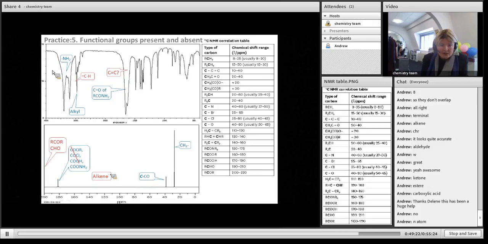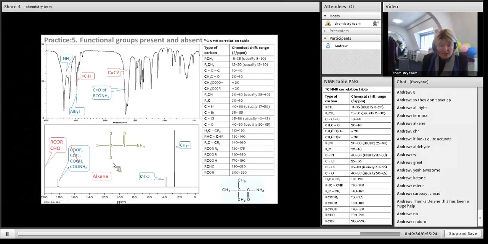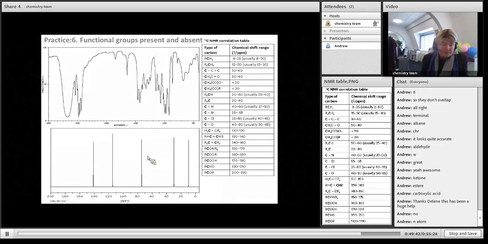It can't be an acyl chloride because it's not high enough. And it's not a carboxylic acid because we don't have that triangle. And there we have it. It's an amide. And although it's got 5 carbons in it, it's only got 3 peaks because these 3 are in identical environments.